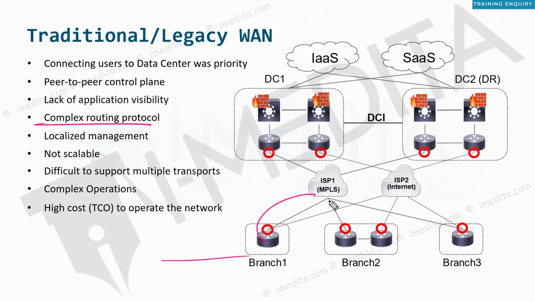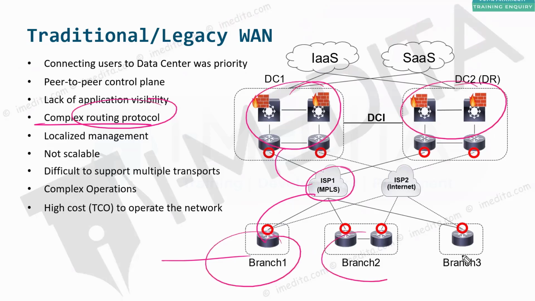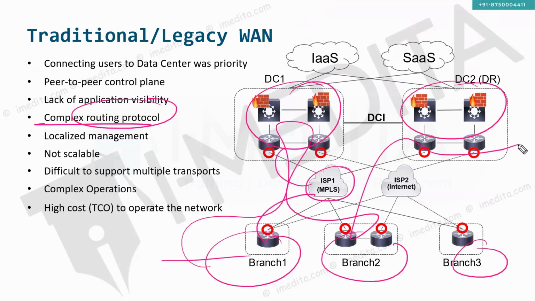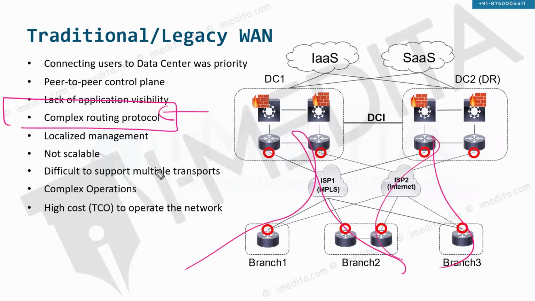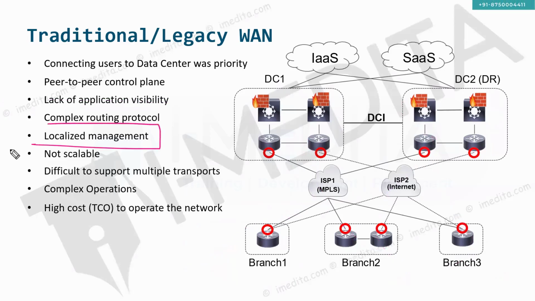We might need to advertise our routes using some routing protocols over the WAN, so that everyone learns those routes and then we'll be able to send and receive the data. So routing might get a little bit complicated. Performing the routing between the branches, data center, and headquarter might get complicated. Each and every device needs to be managed locally, which is not a very scalable solution.